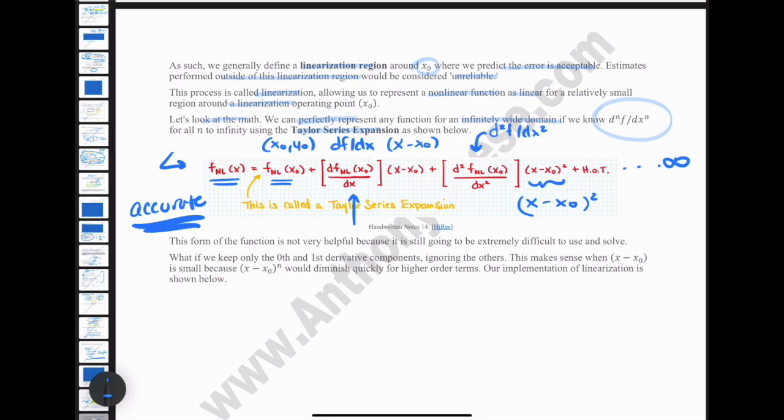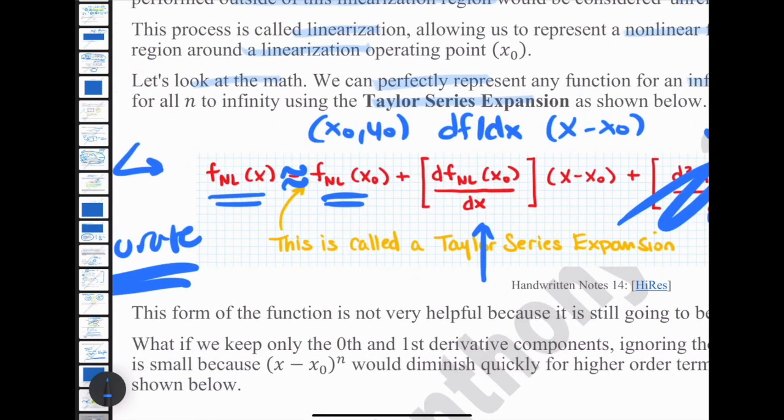That doesn't really help us too much with linearization, however. If we want to linearize, what we can do is say, you know what, we're going to cut off everything past the first order term, which then is going to turn this from an equality into an approximation. And so that is essentially what we do for linearization. We determine our operating point, x0, y0.